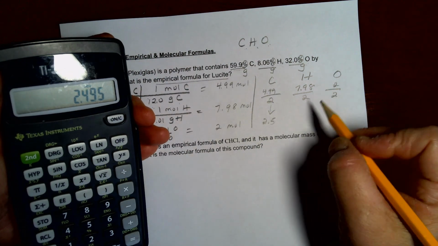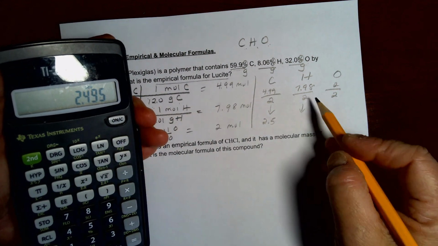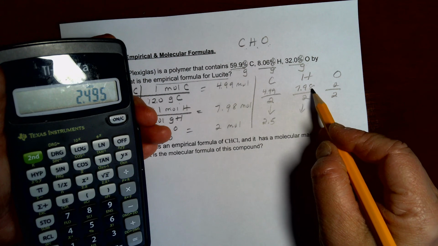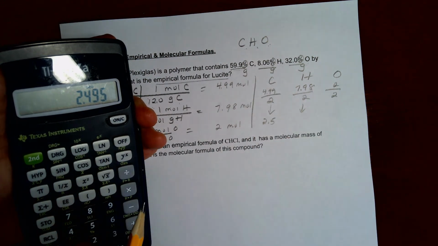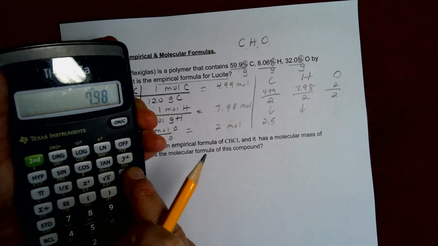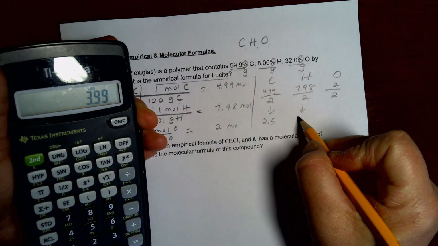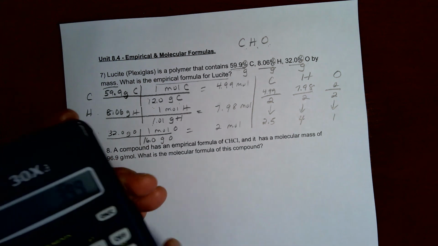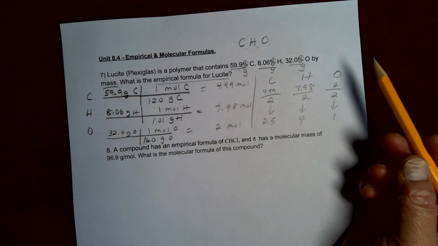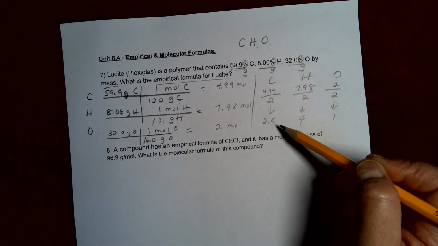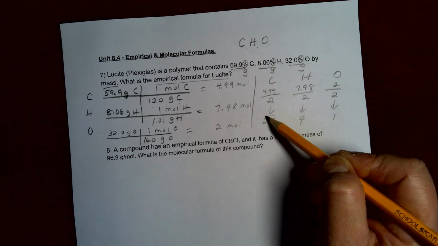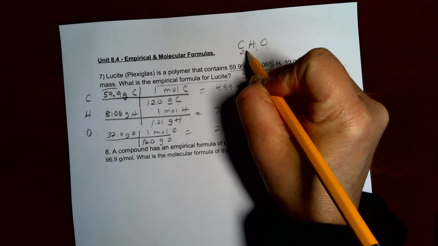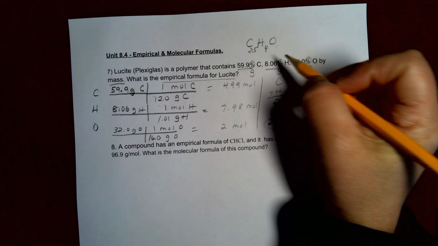We're going to start doing a little rounding. 7.98 is about 8. Divided by 2 is going to give us 3.99. I'm going to call that 4. And 2 divided by 2 is 1. So here's a situation where we have a 2.5 to 4 to 1 ratio.